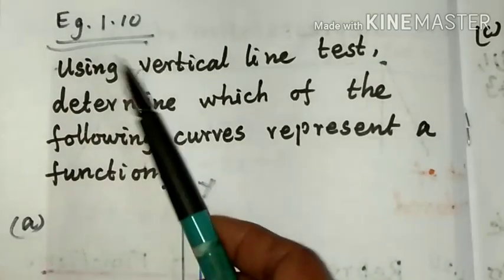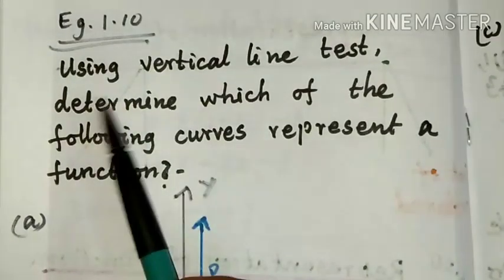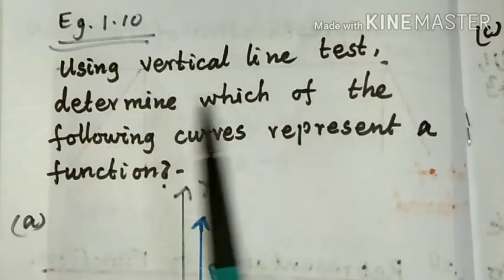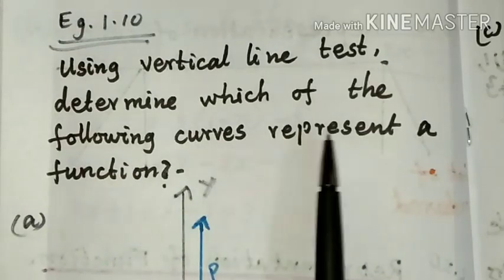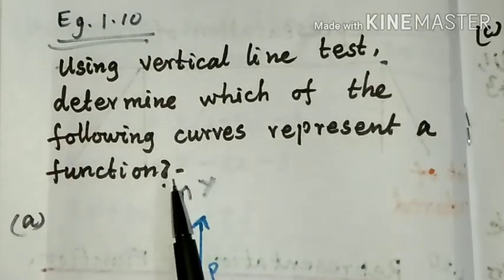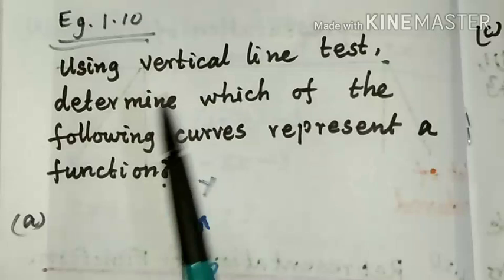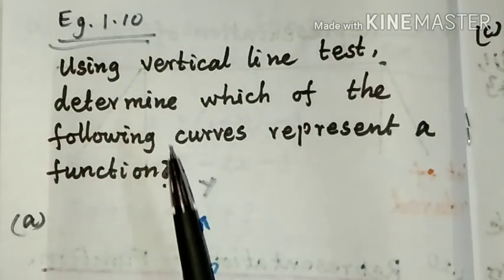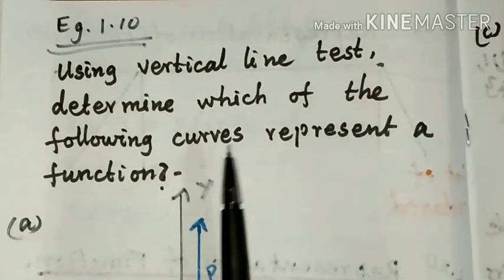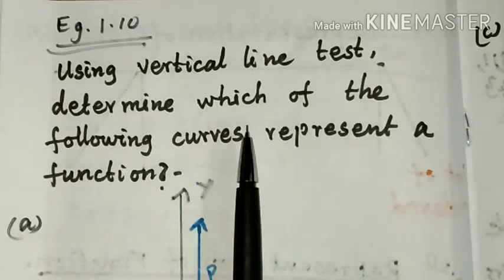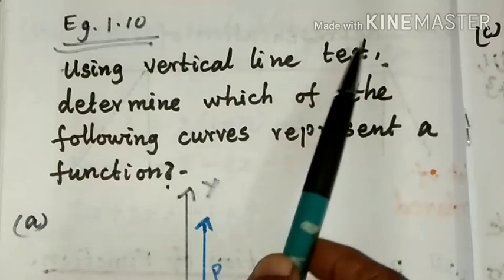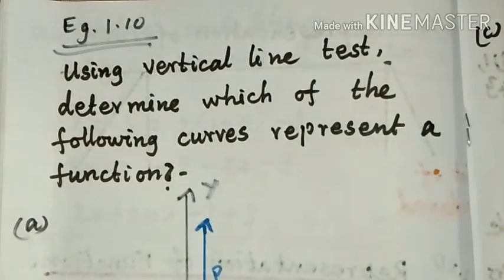See example 1.10. Using the vertical line test, determine which of the following curves represent a function. In this question, graphs are given. We have to check whether the given graph is a function or not by using the vertical line test. See the first graph.